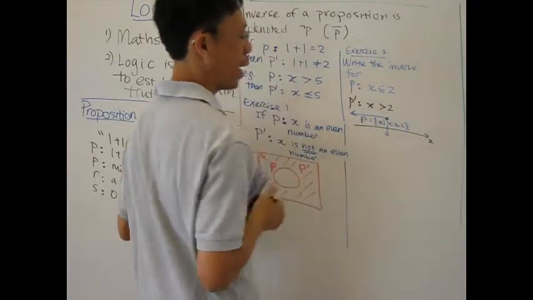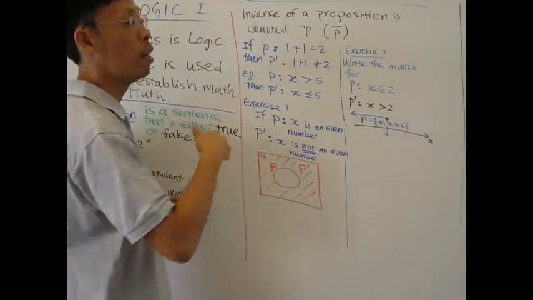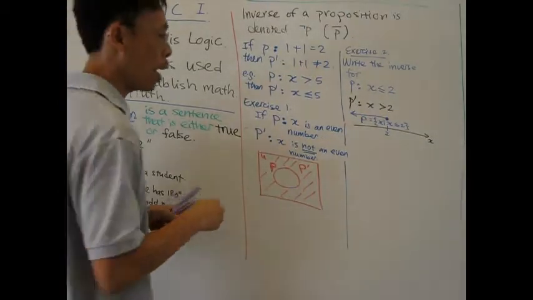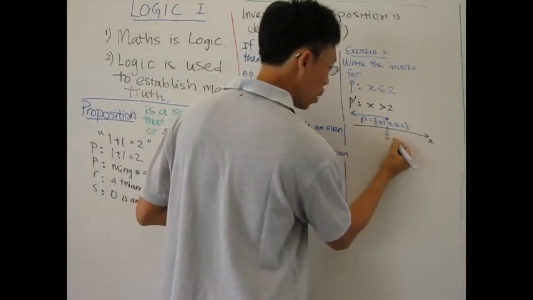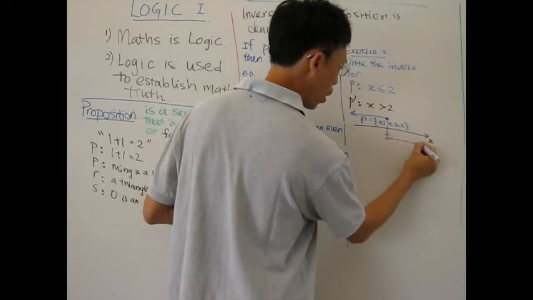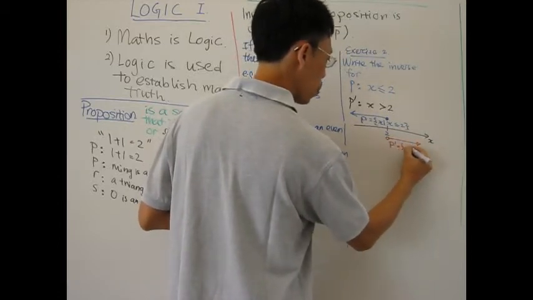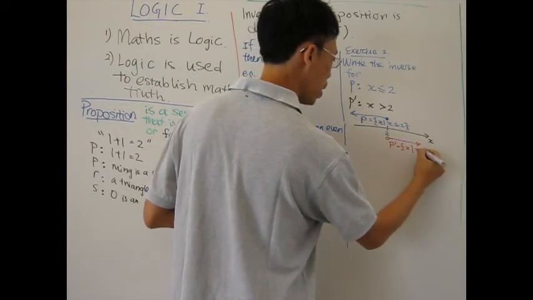So we have a black dot there. And the inverse of that is this open circle in the opposite direction. This is my capital P dash. This represents all the x such that x is larger than 2.